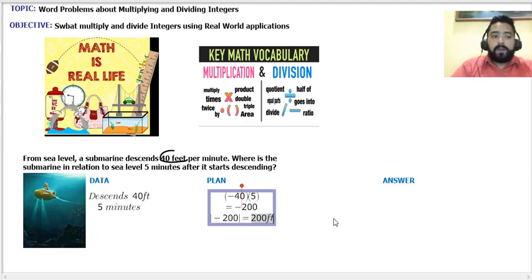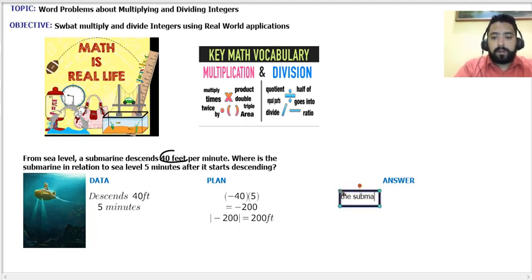So the answer would be, we need to answer our question. Where is the submarine in relation to the sea level 5 minutes after it starts descending? So we are going to write the submarine is 200 feet.